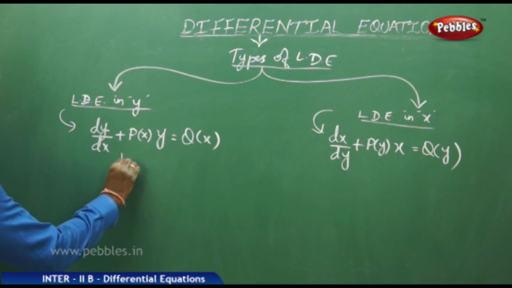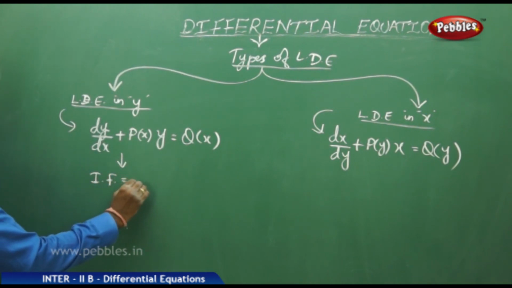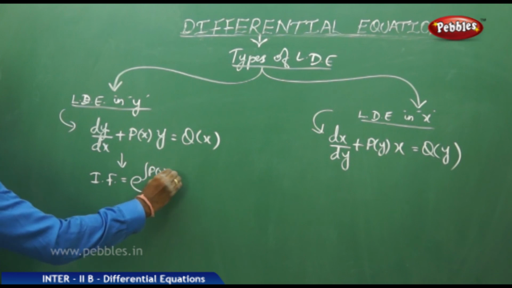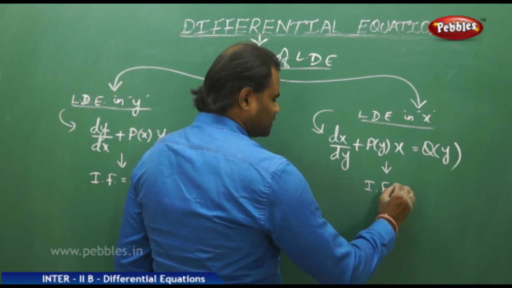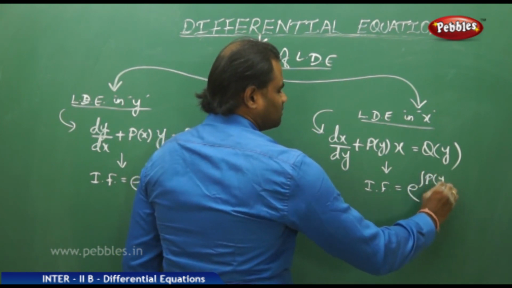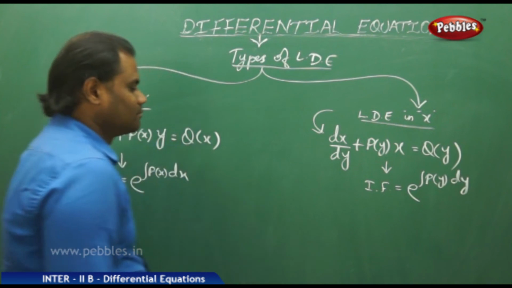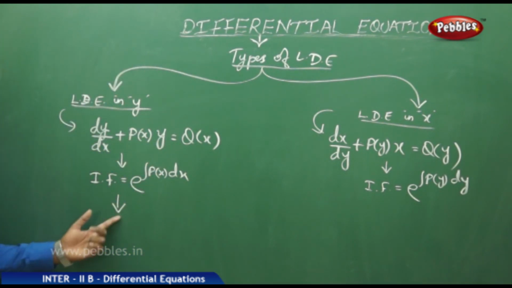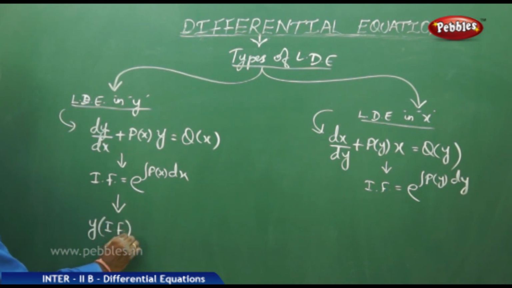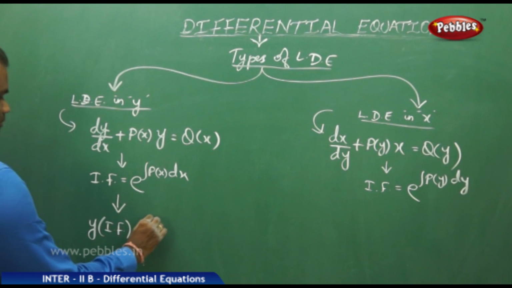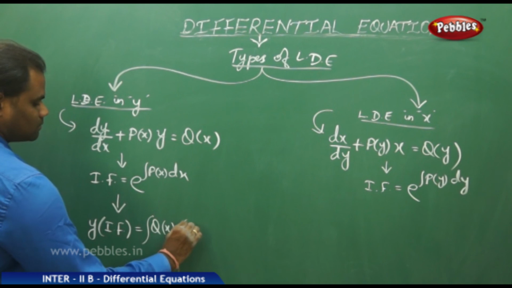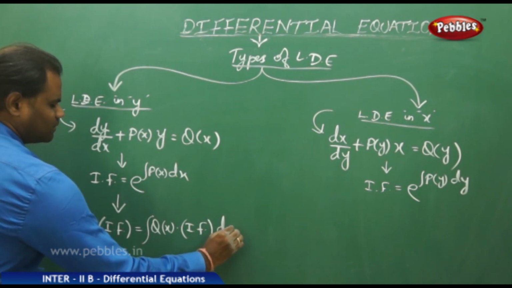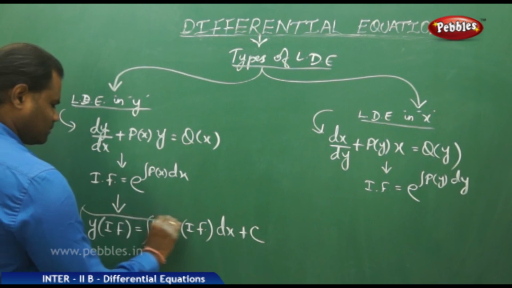And in this case, the integrating factor is e power integral p(x) dx, and in this case the integrating factor is e power integral p(y) dy, and hence its solution is given by y times the integrating factor is equal to integral q of x times the integration factor dx plus c.